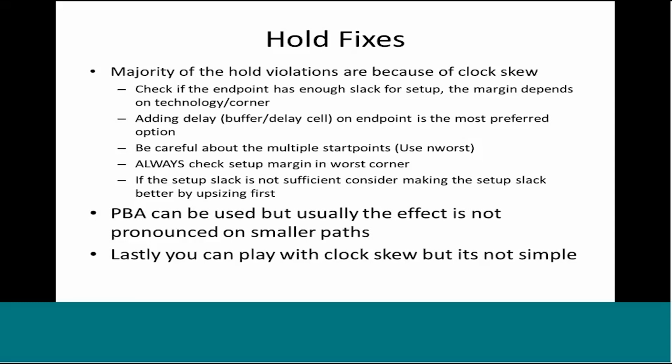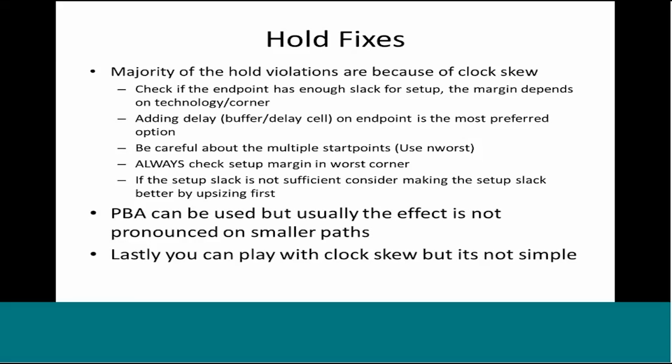Now, there is a factor by which the delay changes from best case corner to worst case corner, and depending on the technology, you can work out a rough factor. You can start doing fixes. So let's say the technology I am working on has a factor of 3. That means the 15 ps delay in fast corner will give me 45 ps of delay in slow corner.